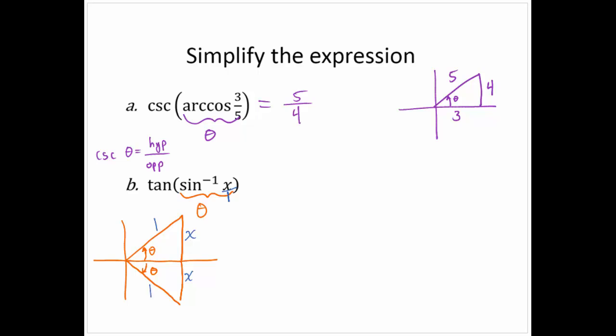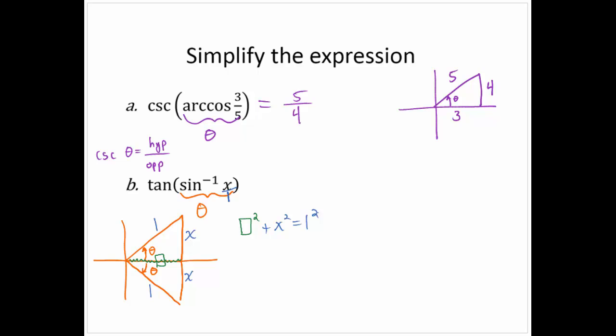Now, in either case, I would need to solve for the remaining leg of the triangle. And notice that that leg of the triangle is the same quantity no matter which triangle we're looking at. So, applying the Pythagorean theorem, I'm going to call this box. I know that box squared plus x squared would equal 1 squared.